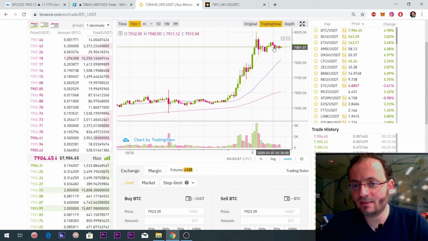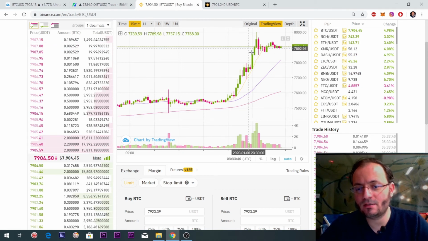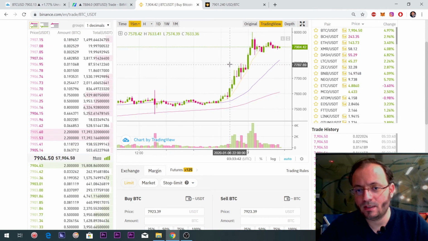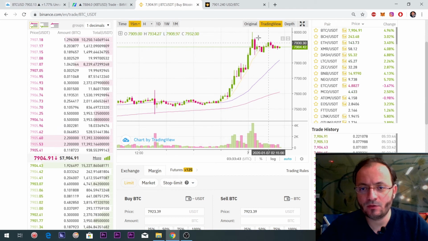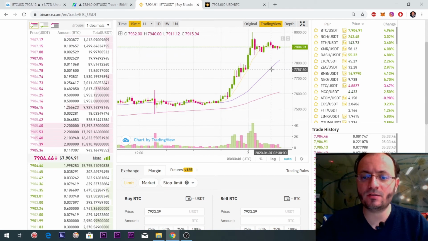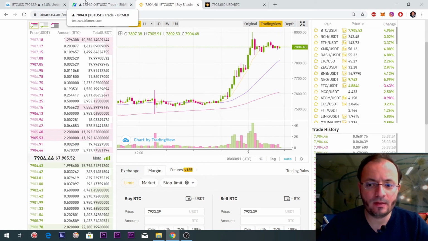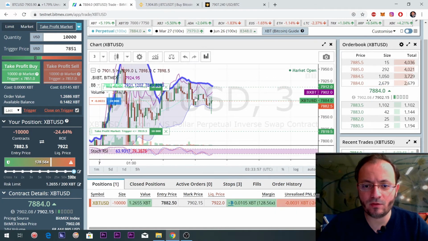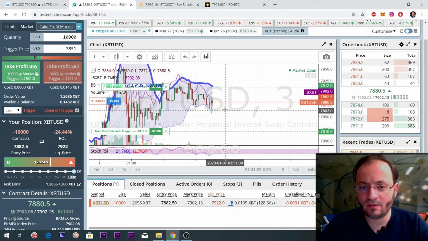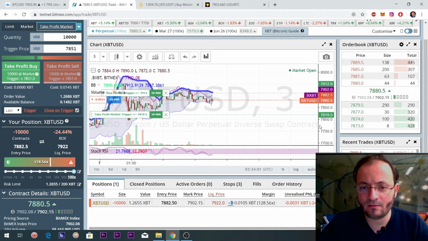The price here is not consolidating because it would need to have more volume for the consolidation, but the volume is down right now. And I think that what we're expecting is a huge sell.